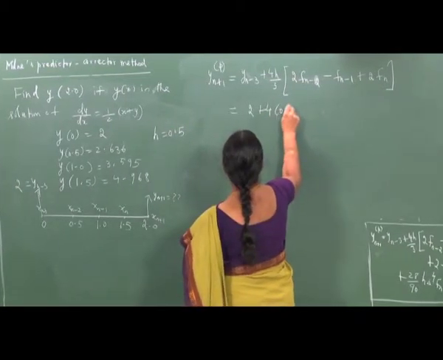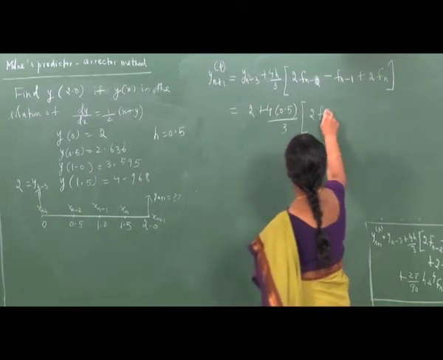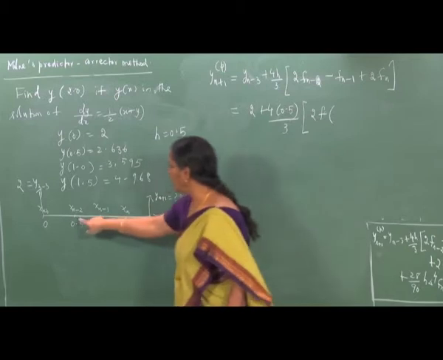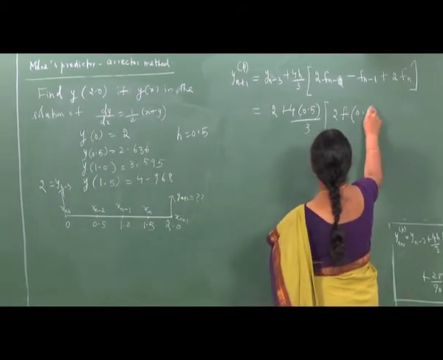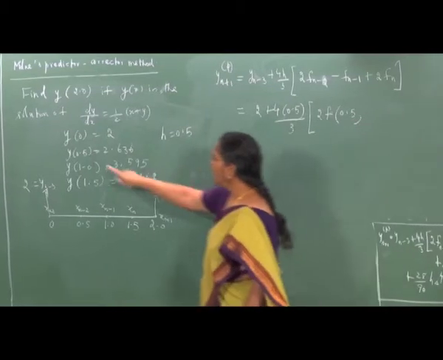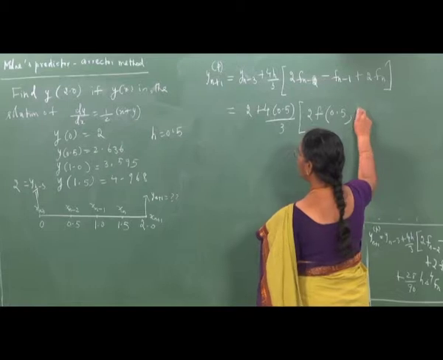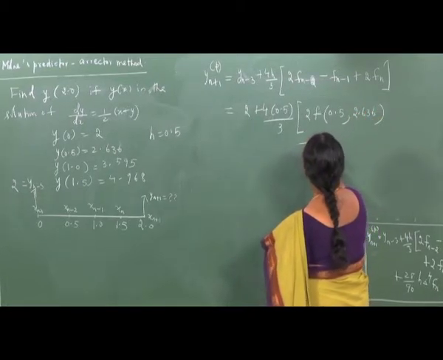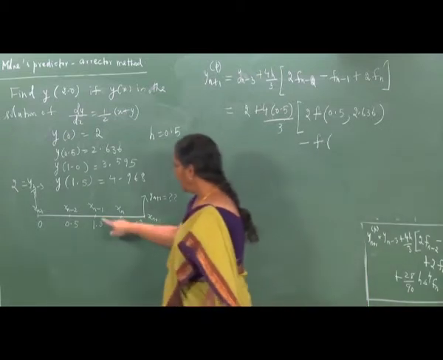So, 4 into 0.5 by 3 into twice f at n minus 2. So, let us look at xn minus 2. So, it is 0.5 and information at 0.5 is that it is 2.636.